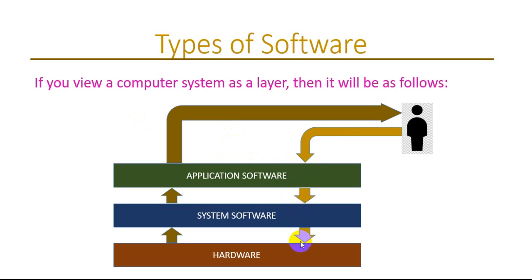The system software will talk to the hardware, get the job done and reply back, and the application software gets the result, and if it wants to show it to the user, it shows it. So application software is the one the user deals with directly. Underneath that, the system software will be there, because without it, all the hardware access and detailed work will not be possible.